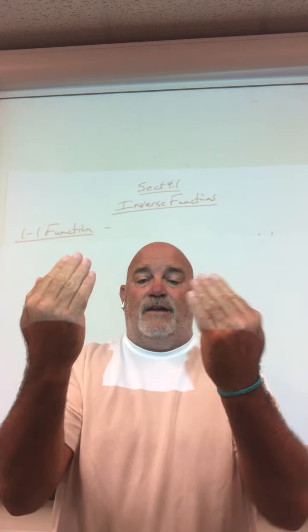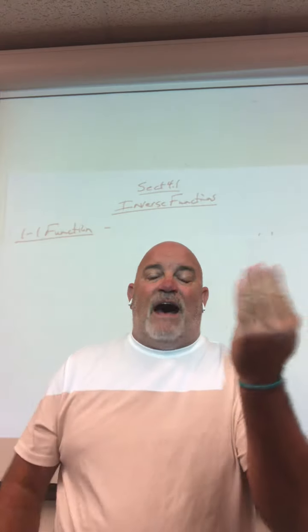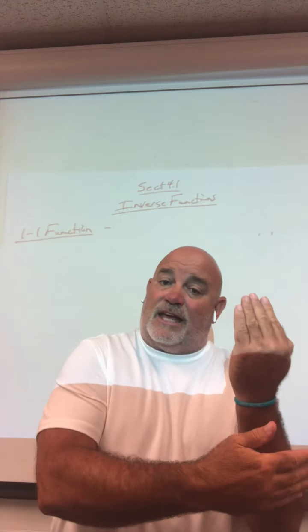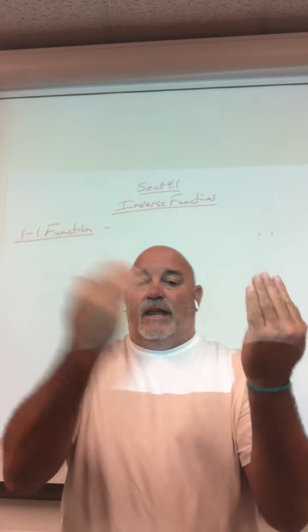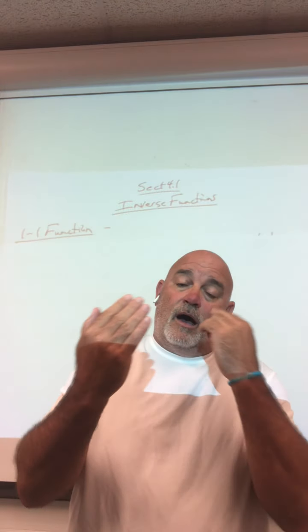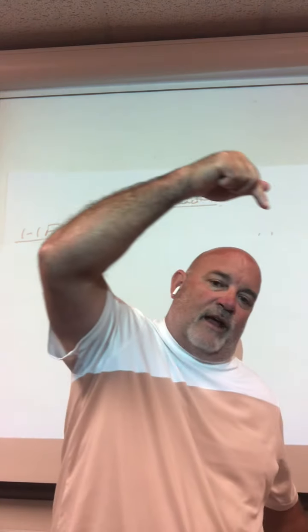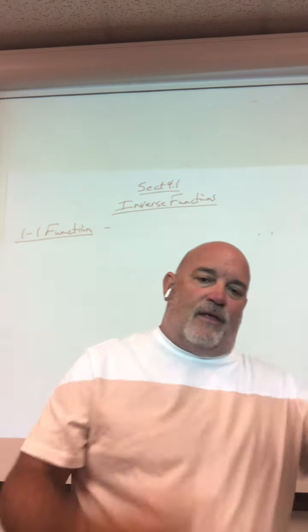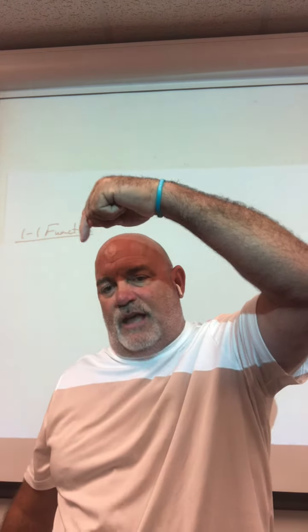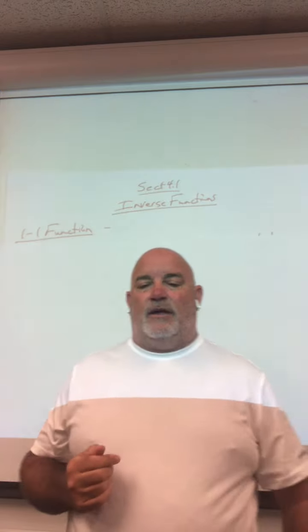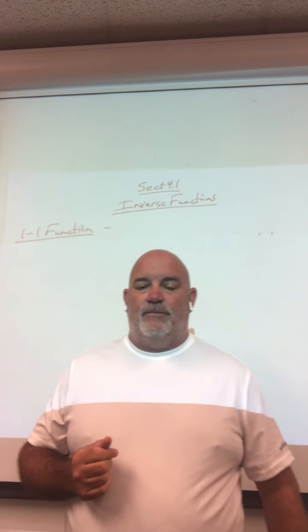But if 7 is paired with 5, 5 will never appear as a second number ever again, and it's only paired with 7. And so that one x will never be paired but with that one y, and that one y will only be paired with that one x. So neither one of them can repeat in a one-to-one function.